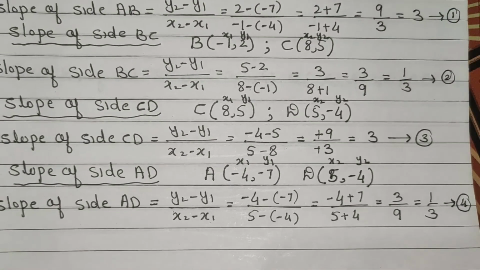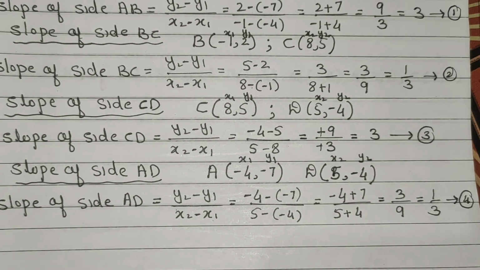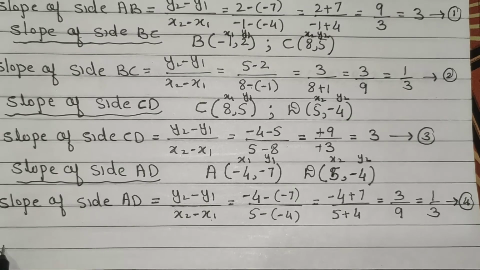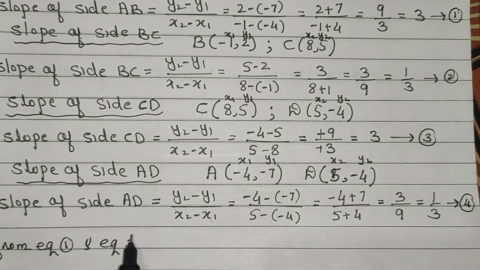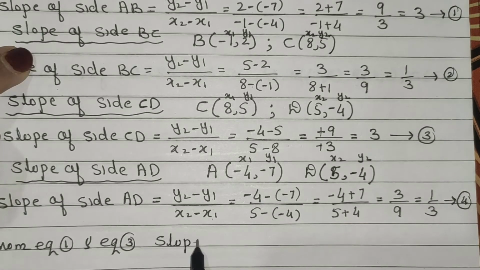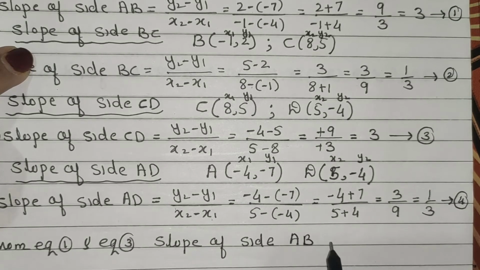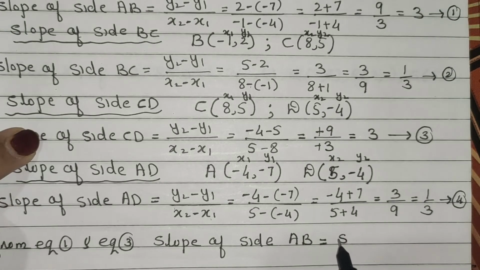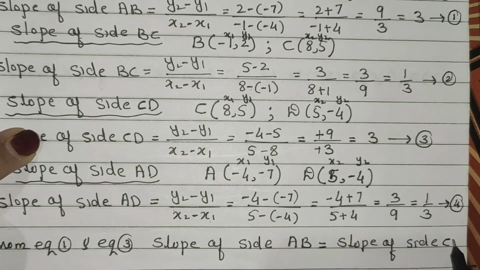Now look here, in equation number 1 and equation number 3 we get 3 and equation number 2 and equation number 4 we get 1 upon 3. Here also 1 upon 3. Therefore, write down here from equation 1 and equation 3, slope of side AB is equal to slope of side CD.